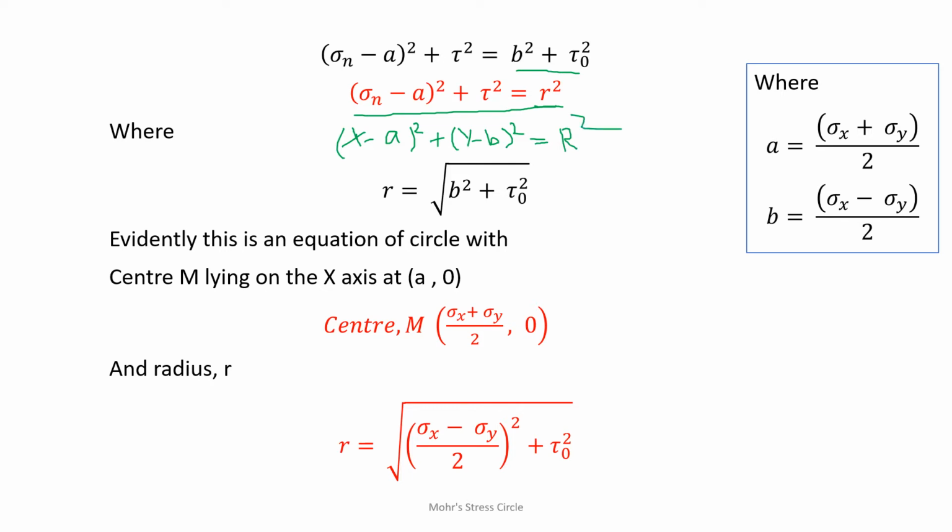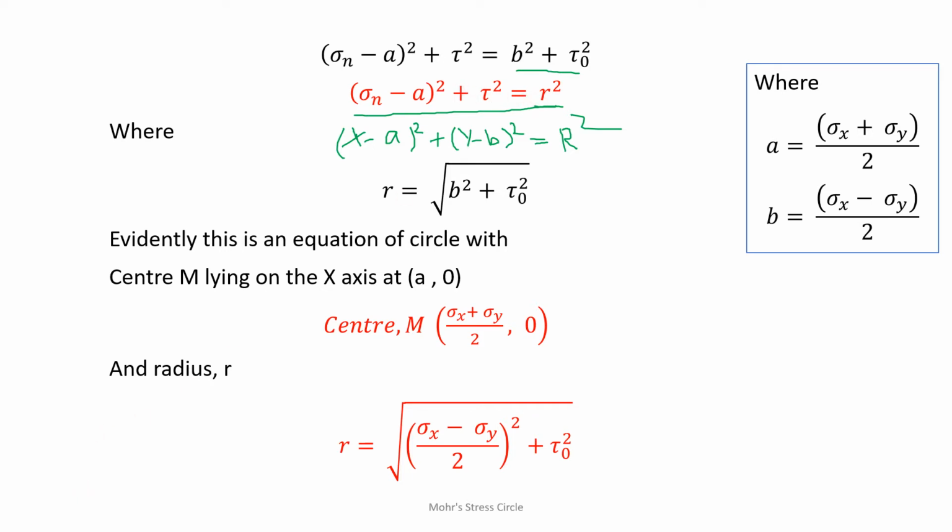If we compare these two equations, what we observe is that if we change the x coordinate to sigma n and the y coordinate to tau, then this represents an equation of a circle with center at A, 0 coordinates and radius r.